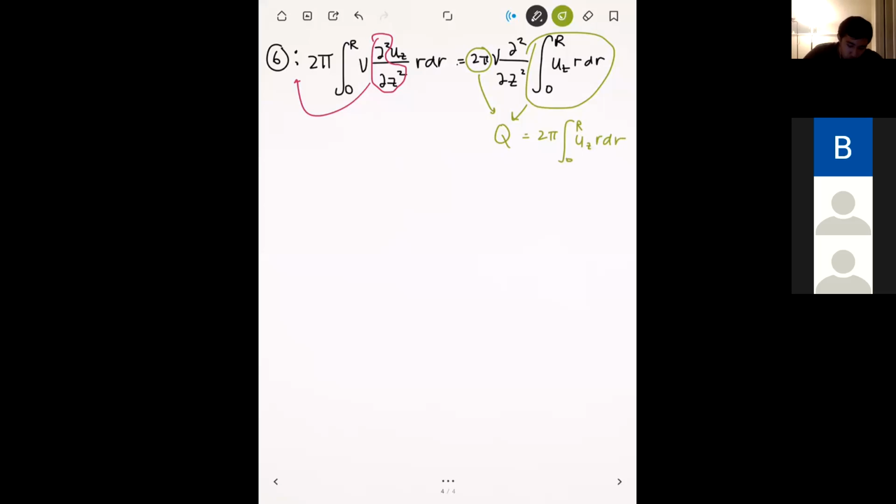Okay. And so we're going to go ahead and plug in q for that. And so integral 6 is equal to viscosity nu times partial squared q partial z squared. Okay. Right. And so another nice and simple integral to compute.